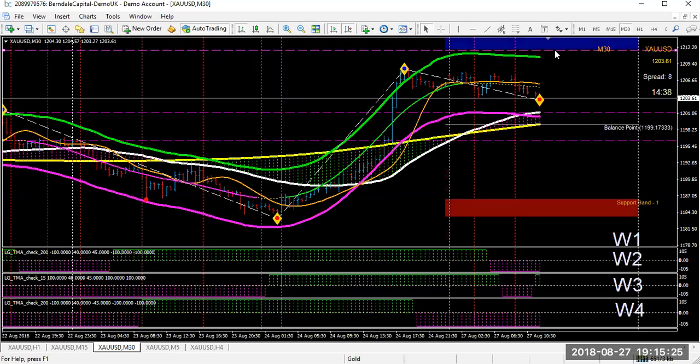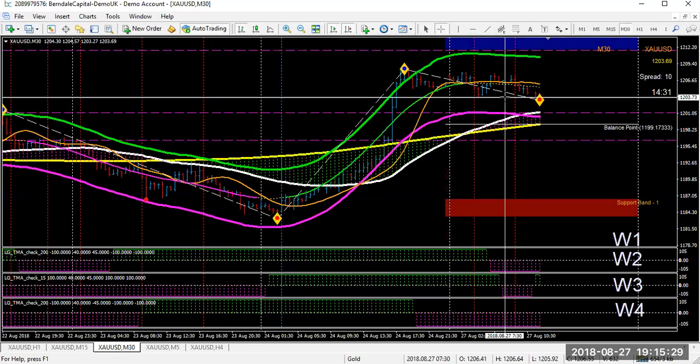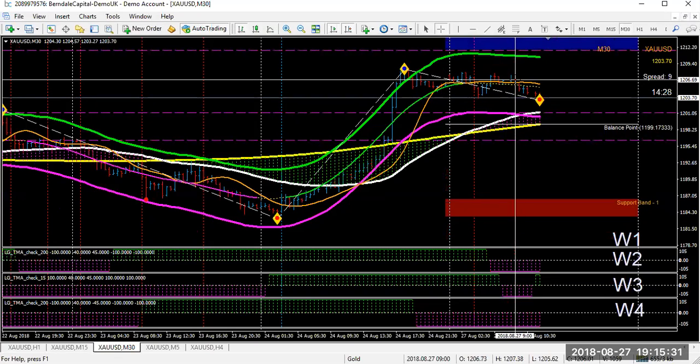Okay, so everything's marked out. Price has gone from the open of the candle with the vertical line on, 34 pips, yeah?